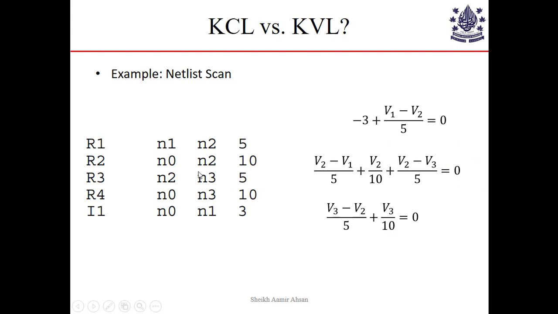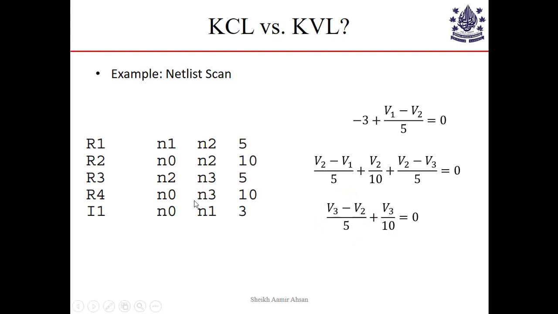At the same time, since it is also encountering the node n3, it writes a new equation for n3, where this is the quantity that it enters: (v3 minus v2) by 5 is equal to 0. Next it goes to the fourth statement. Here it sees n0 and n3, so for the n3 equation you already have this much.